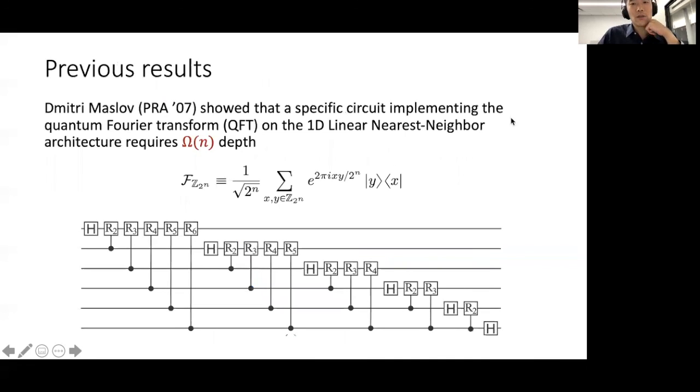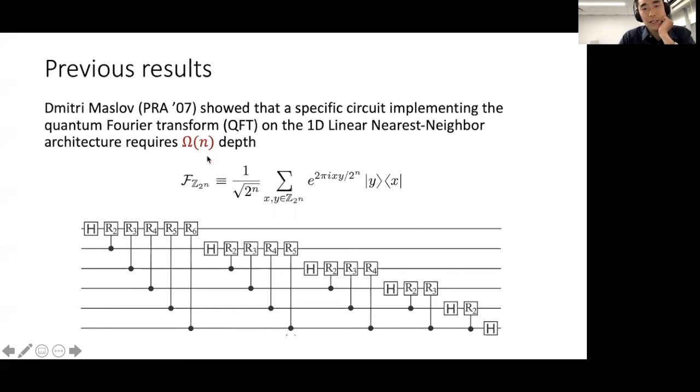Now previously, Dmitry Maslov showed in 2007 that for a specific circuit shown below that implements the quantum Fourier transform on n qubits, the 1D linear nearest neighbor architecture requires big omega of the number of qubits in circuit depth.